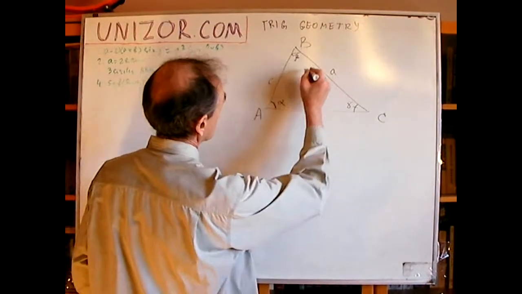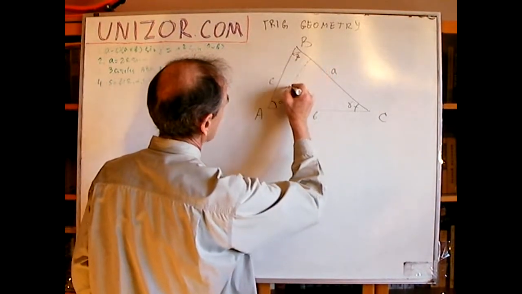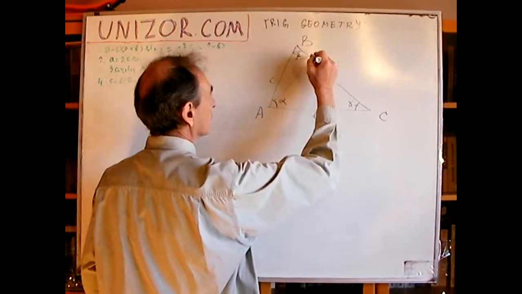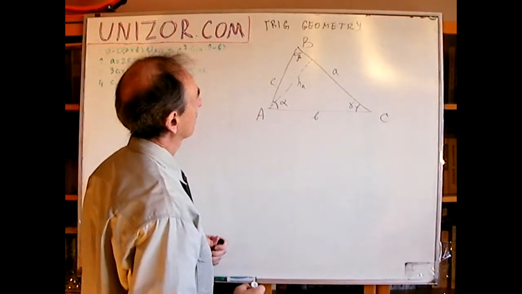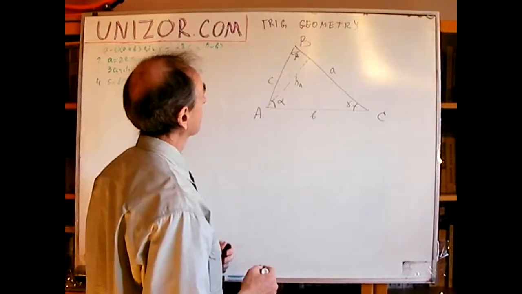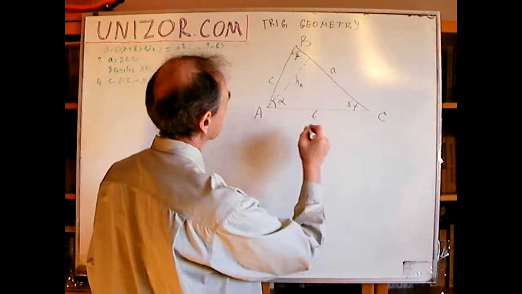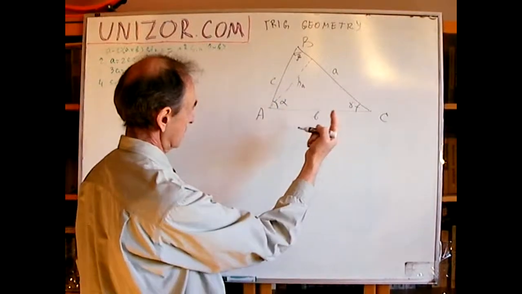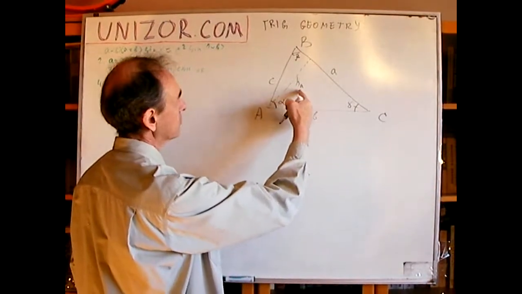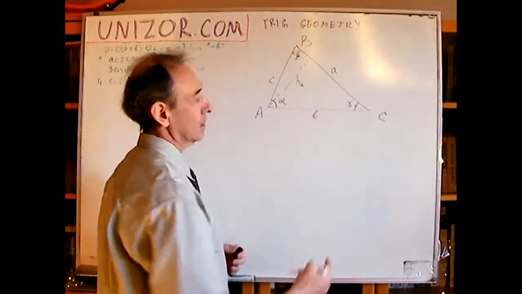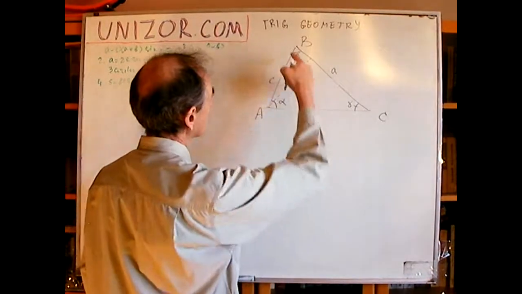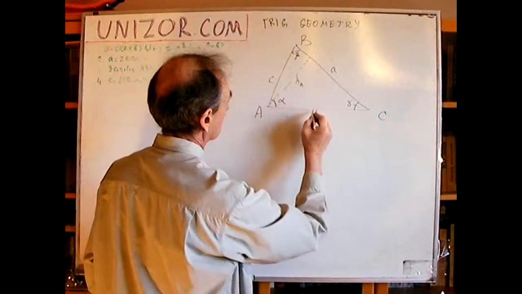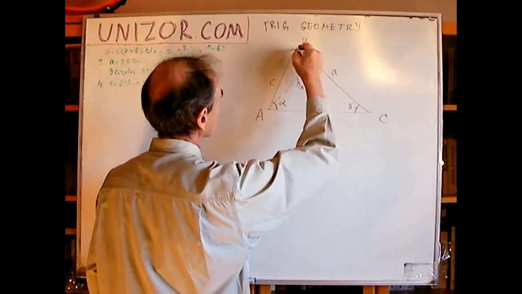If this is an altitude, I will usually call it HA, the length of this altitude. H because it's the height basically, and A because it falls on the side called A.